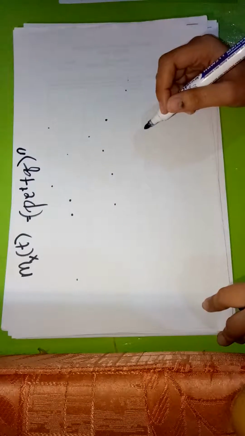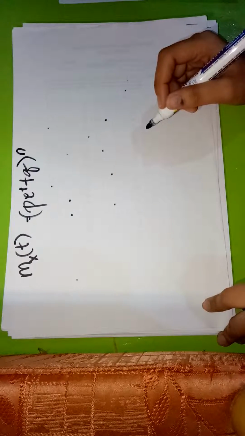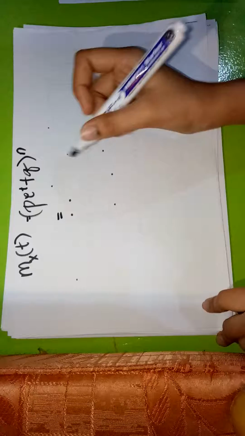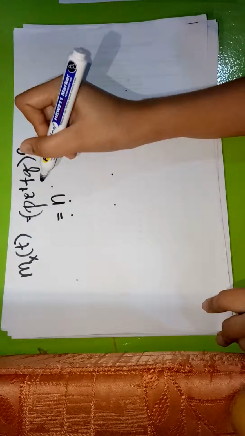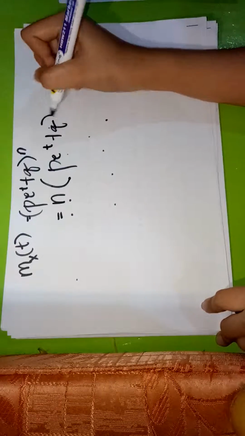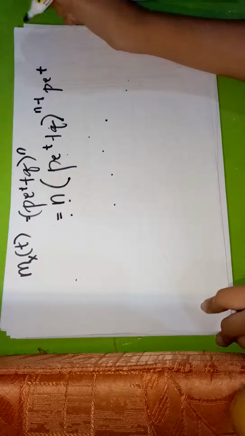To get the expected value of X, we will first get the first derivative of the moment generating function. What we're going to use is the chain rule. So n, quantity pe to the t plus q, to the power of n minus 1, times pe to the t.